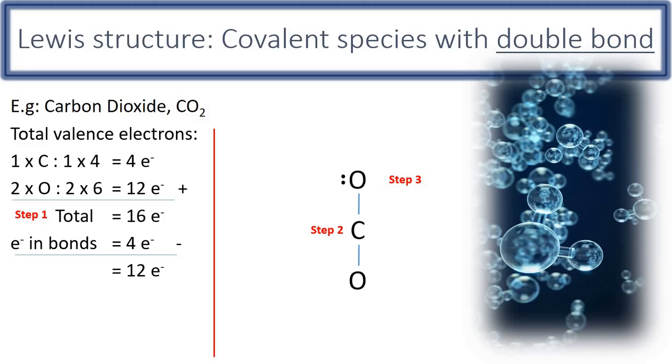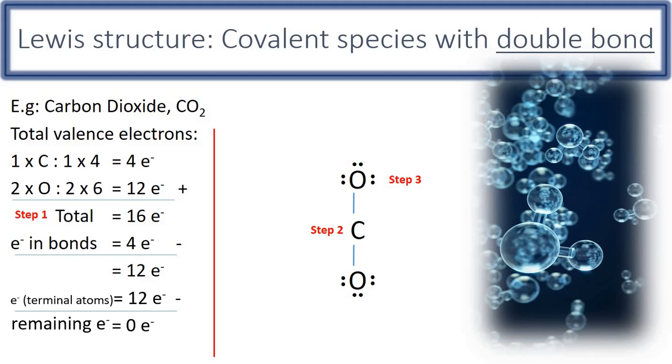Fill in the pair of electrons on both oxygen atoms so that they both have octet configuration. Here, we must subtract these 12 electrons from the total number of valence electrons. As we can see here, there are no remaining electrons. Therefore, we can skip step 4.